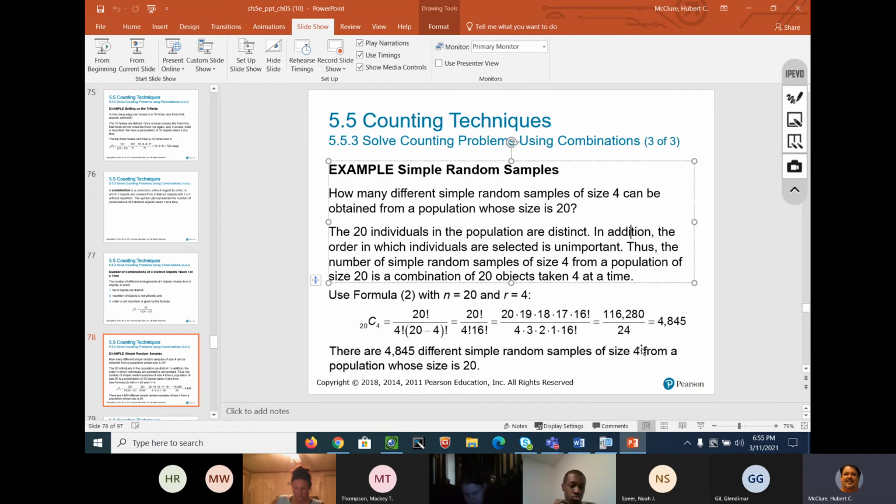So this is going to be 20 combination 4. So if I have 20 people in a classroom and I want to make 4-member committees, how many committees can I make from having 20 students?